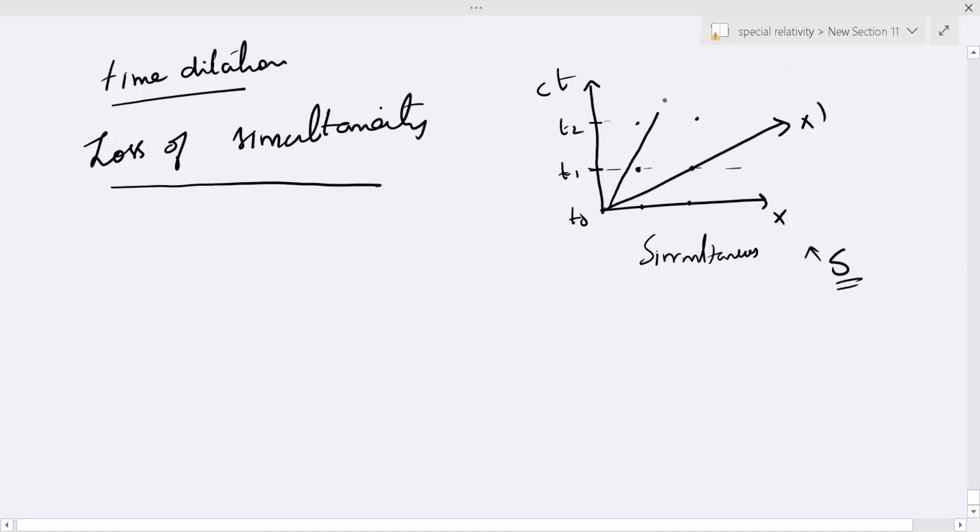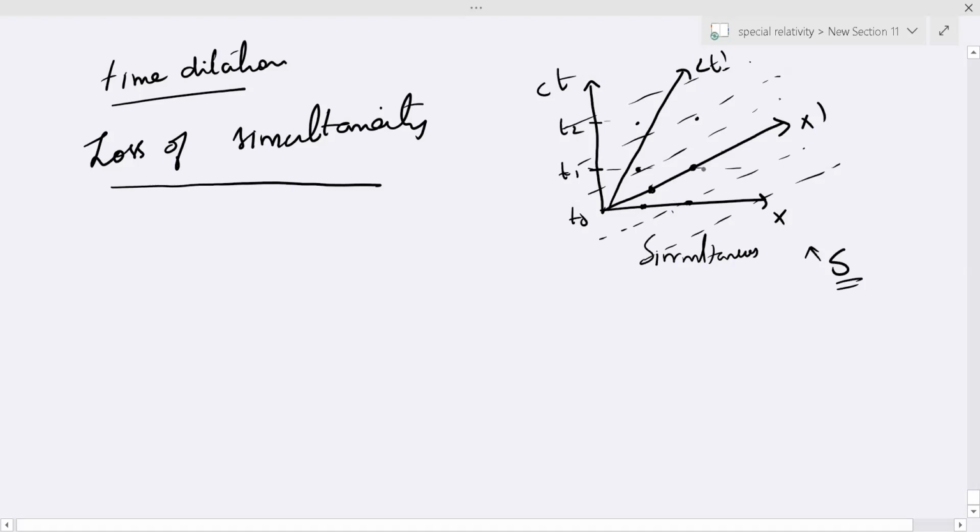For observer S prime, only events parallel to his x prime axis are simultaneous. If you draw lines parallel to the x prime axis, all events lying on these lines are simultaneous for S prime. So two events simultaneous for S are not simultaneous for S prime.